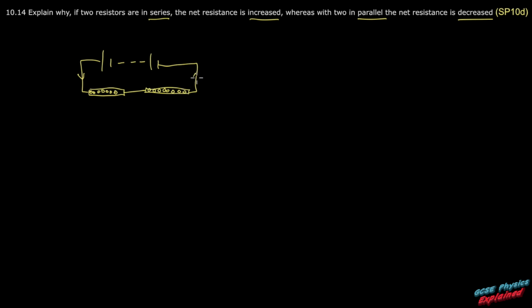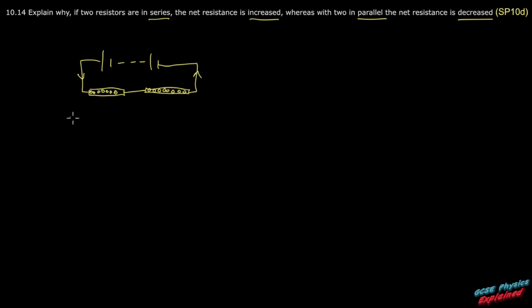Now just remember though, the current doesn't start big here and get small there. Because these resistors are in the circuit, the current is smaller anyway, everywhere. So the more resistors that you put in the circuit, the more collisions there'll be between the electrons going through the circuit and the lattice in the resistors.